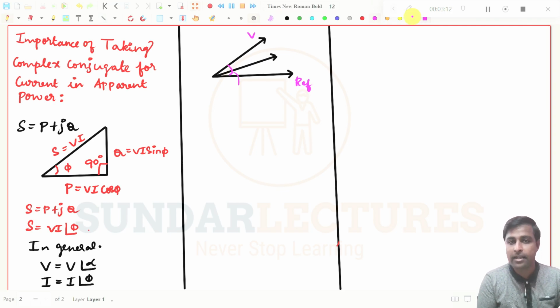This angle is alpha, and this angle is phi, right? And what is this angle now? Alpha minus phi. We know these kinds of things. We can draw like this. This is the I phasor.